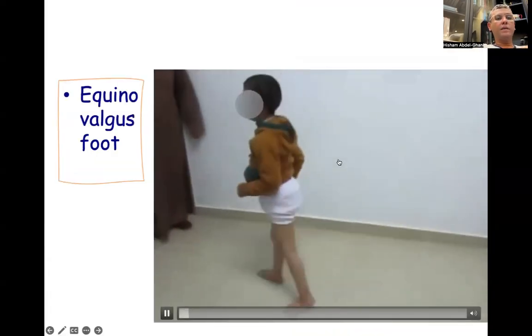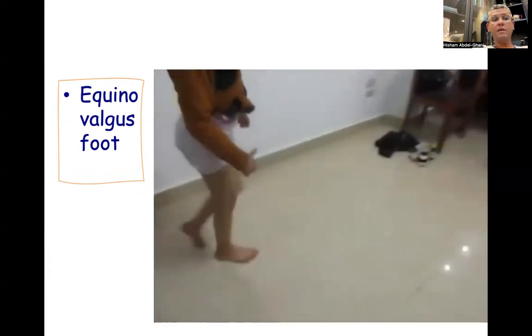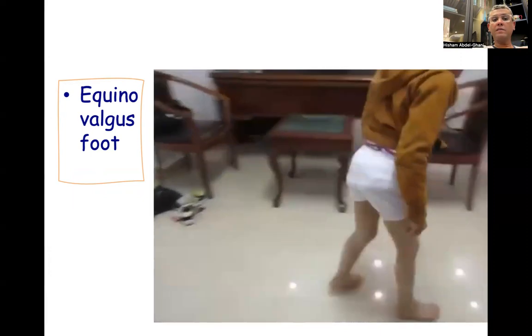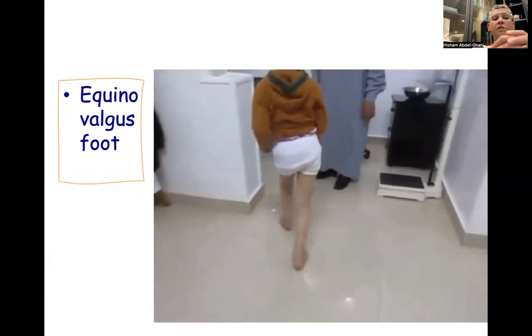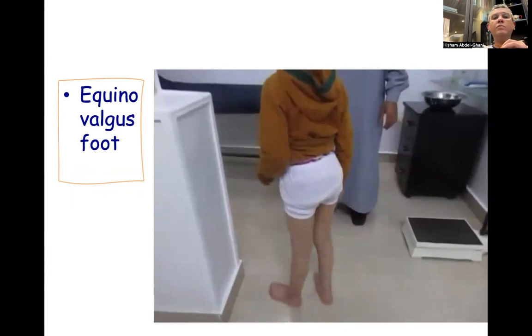Another form is the equinovalgus. The heel is in valgus, but the foot is in equinus. There is no severe midfoot break, or there is severe shortening of the plantar flexor that couldn't be masked by the midfoot break or the flat foot.